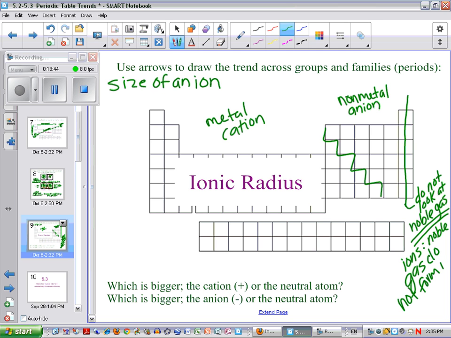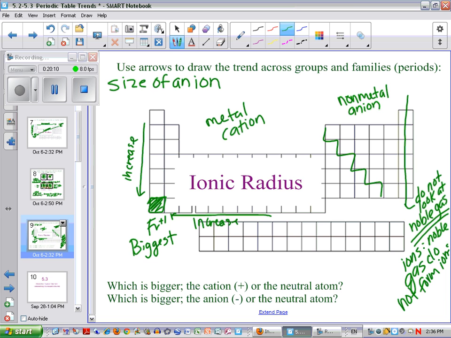form ions. So when you're looking at metal cations, you're going to always increase as you come to this corner. So just like before, the francium ion, Fr+1, is the biggest possible ion you can have.